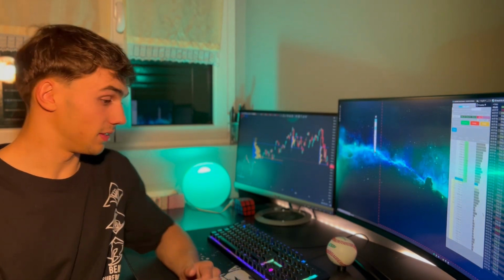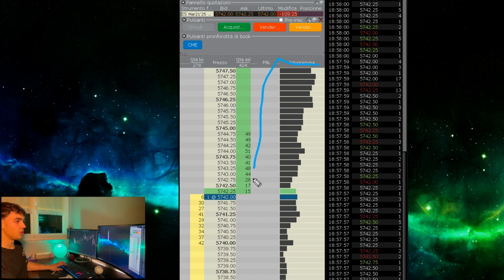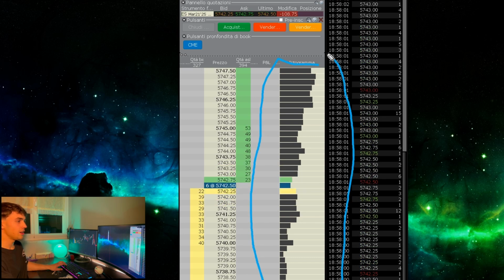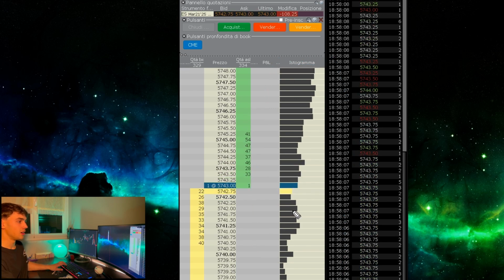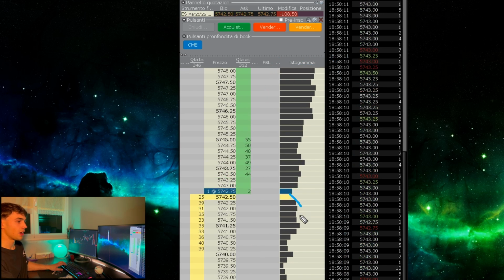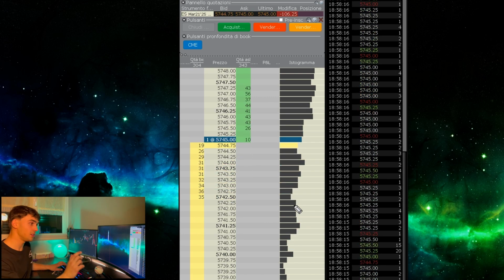Okay, so first let's explain what the volume profile is. The one you can see here on the right of my screen is the volume profile applied to today's session, okay? It plots graphically all the executed orders in a specific session and in a specific range that you selected.